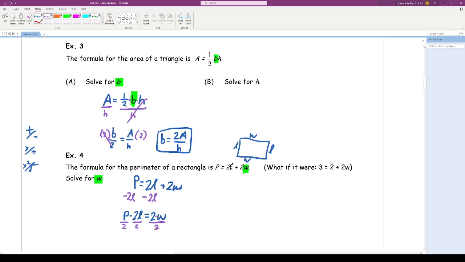We cancel out our 2 here, and we can cancel out the 2 here. And what we're left with is W, I'm going to write on the left, equals, and on the other side we have P over 2 minus L. P over 2 minus L, like that. So that's going to be our final answer for that one.